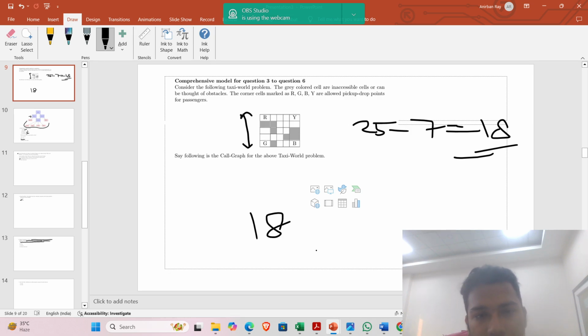That information we need to define which state of the problem we are currently in. The state of the taxi has been defined by 18 boxes, but the state of the person is still to be defined. If the person is outside and still to take the taxi or will get off the taxi, there are four possibilities total. So these are four.